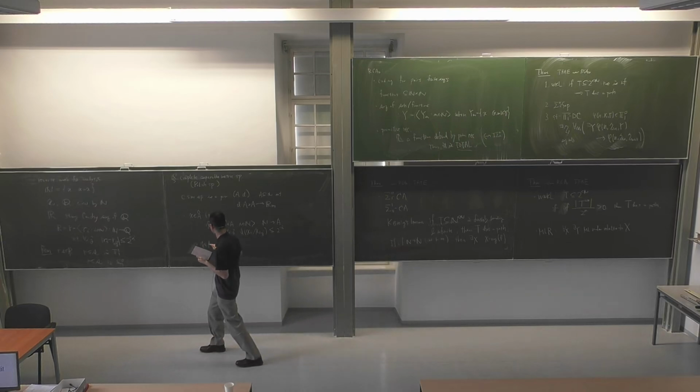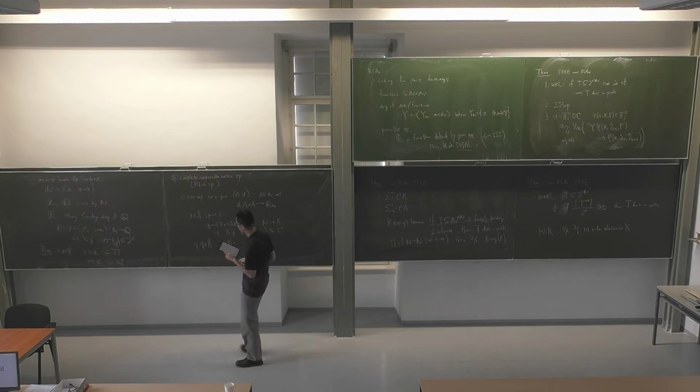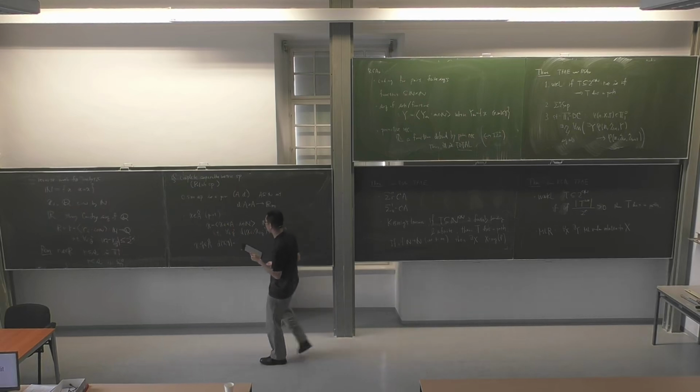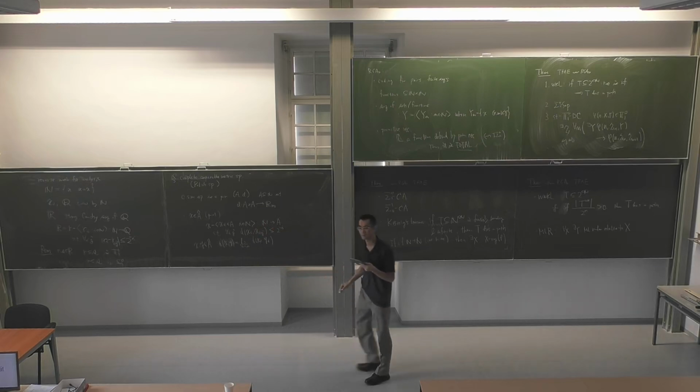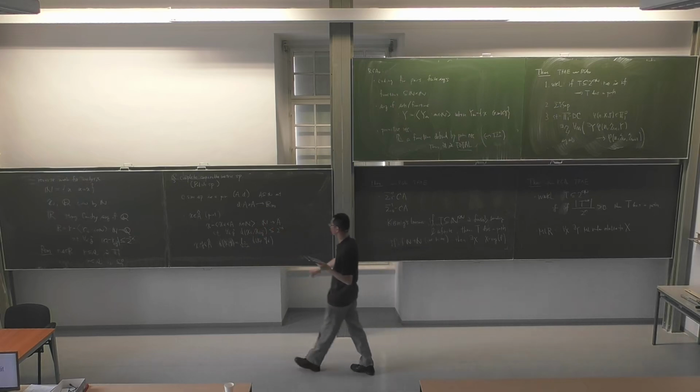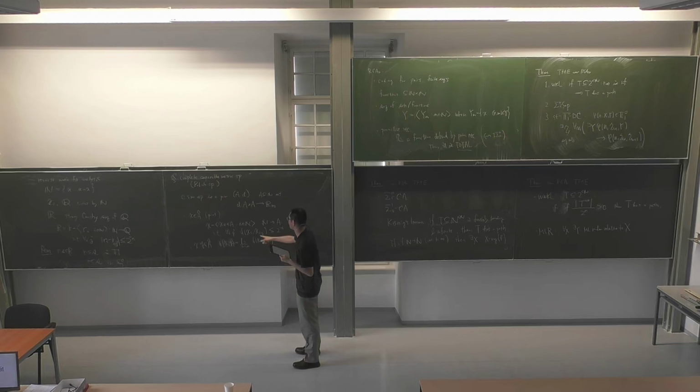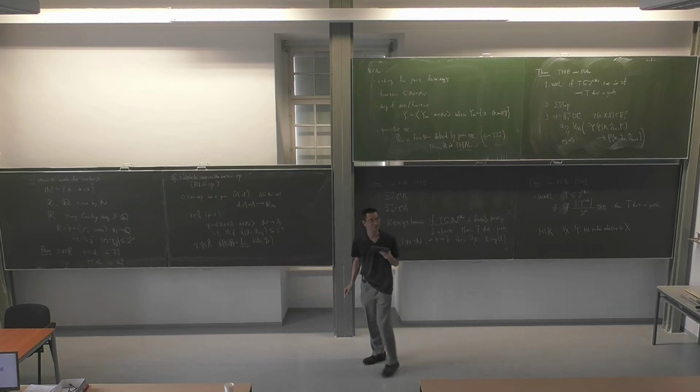Now, given two points, the distance between them is just the limit of the distance of x_i and y_i. This always converges because of this condition. You can easily check it.